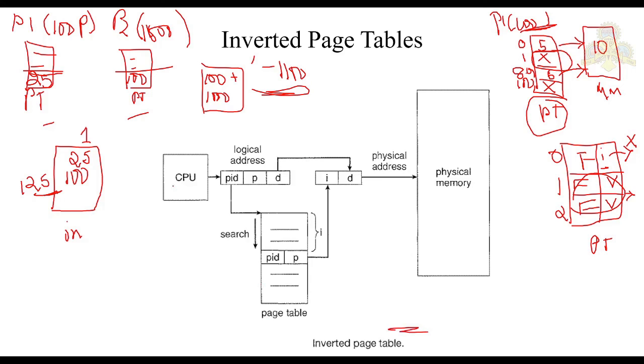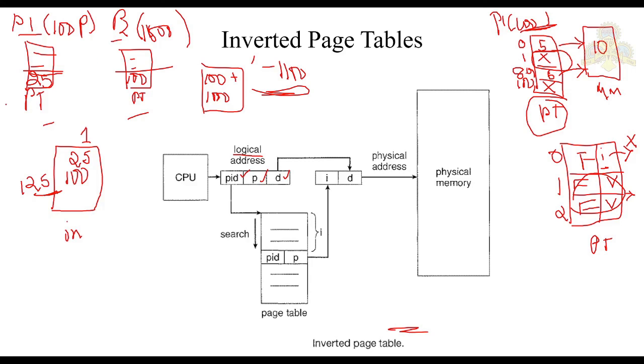Whenever the CPU generates the logical address, basically the logical address would be divided into page number P and D, that is displacement. But in the inverted page table, along with your page number and the displacement or offset, you will also have one more field called PID, that is the process identification number. Like basically your process P1 or P2, some unique ID for that particular process.